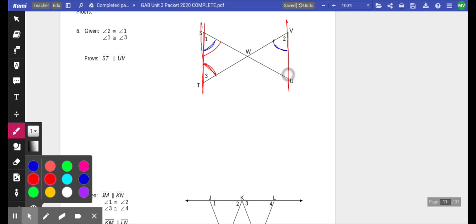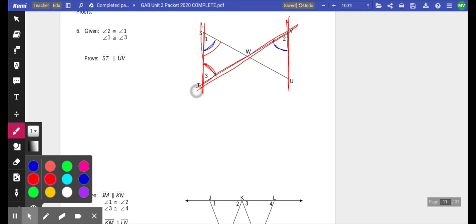Well, there are two possible transversals: SU and TV. But when I look at SU, I only have one angle that I know anything about. However, if I look at TV, I have two angles, 3 and 2. So I really want to focus on TV being my transversal.